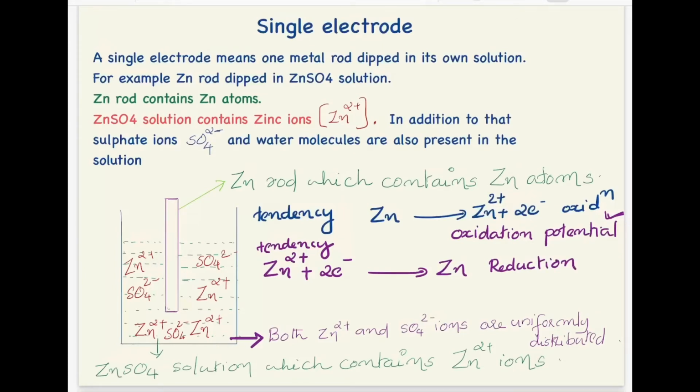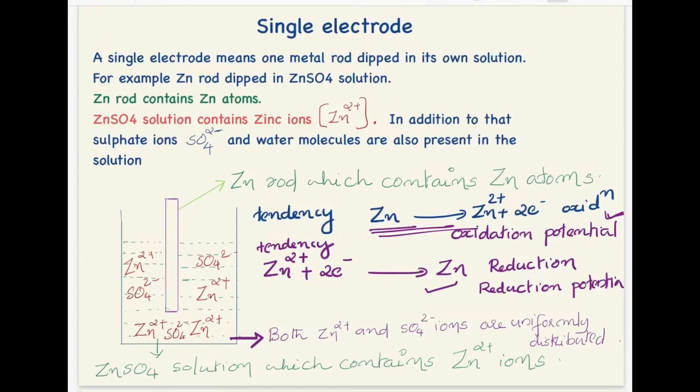That tendency of reduction, we call it reduction potential. So how many potentials are there? Two types of potential, two types of tendency. One is oxidation potential, that is for the zinc atom in the zinc rod. The second tendency is for zinc ions to accept electrons to undergo reduction, and we call that potential reduction potential.